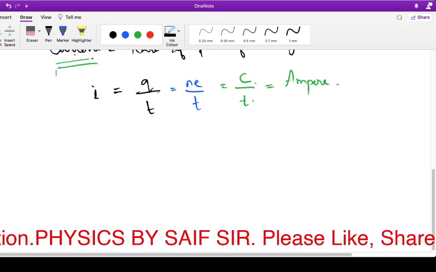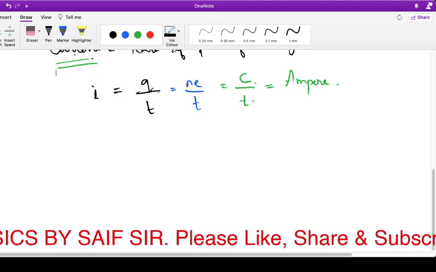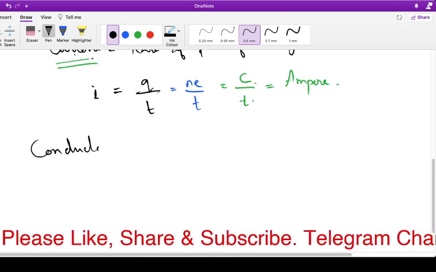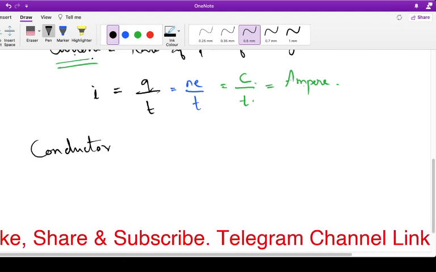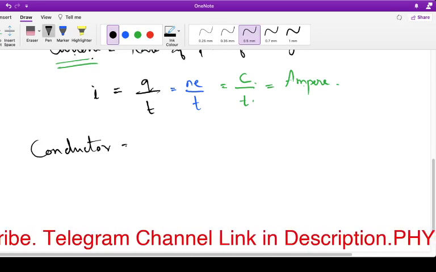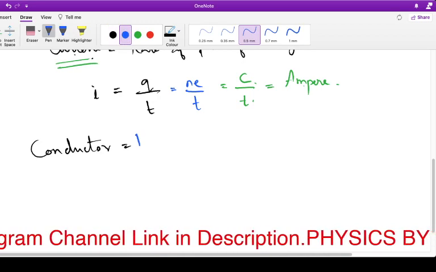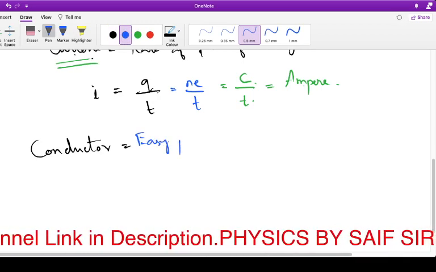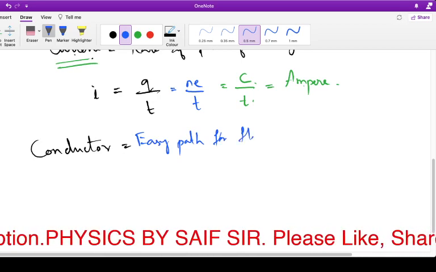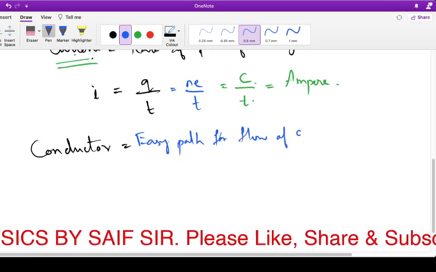The material which makes easy flow of charges is called a conductor. This is the physical material which is the easy path for flow of charges.